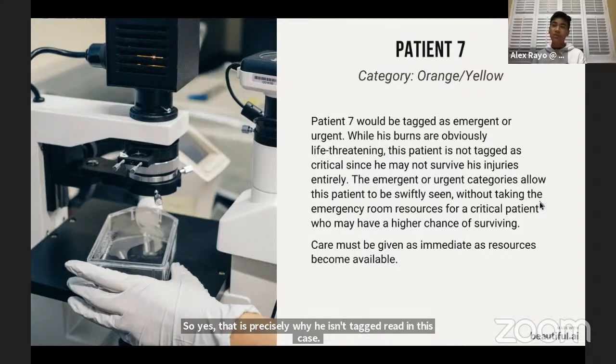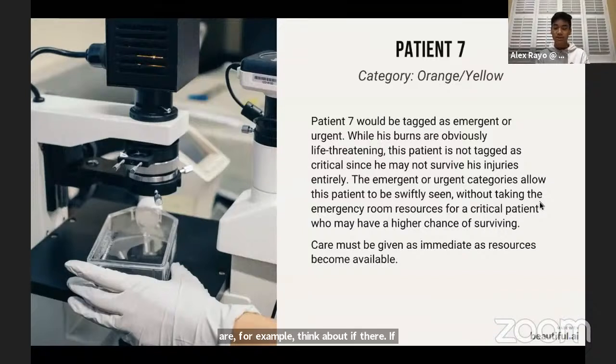Because, well, I guess we should have listed in the prompt that, for example, think about if this patient is coming into the emergency room at the same time as another critical patient who has a condition that, if treated quickly, would allow that other patient to survive, or the odds of them surviving are relatively high. So he's not tagged red precisely because he could die easily of his injuries.